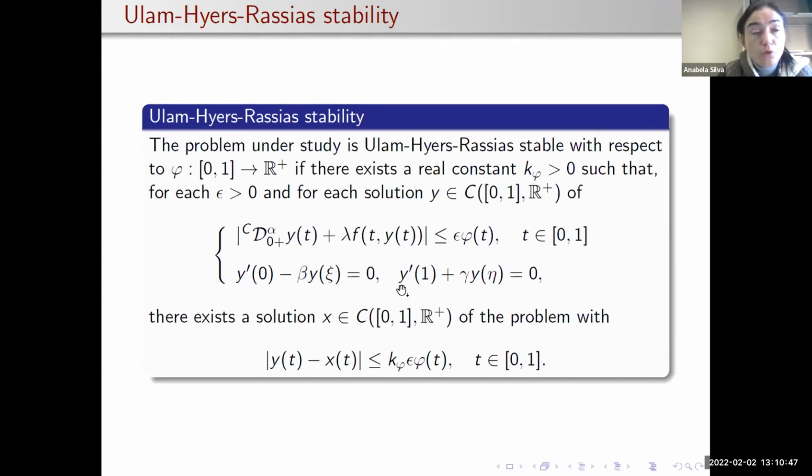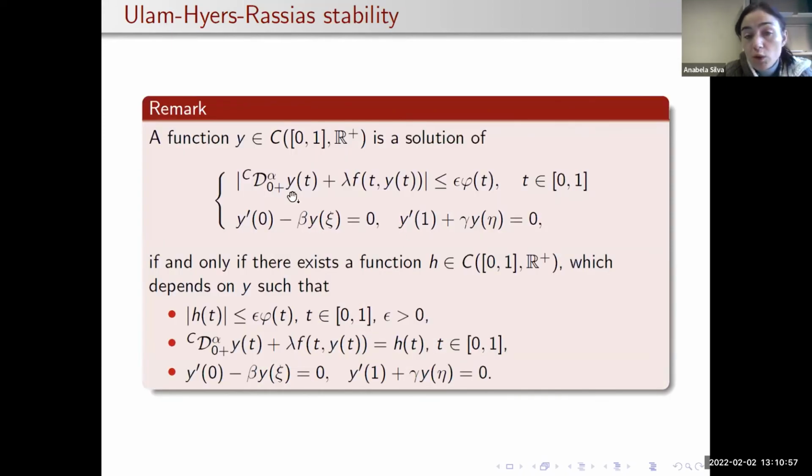So the proof is a little different, because when we consider the function in here, we have some other difficulties. We consider again the same as in the previous one. We consider a new function h, a continuous function, whose modulus is less or equal than epsilon phi, since h is defined precisely by the expression that is inside the modulus.